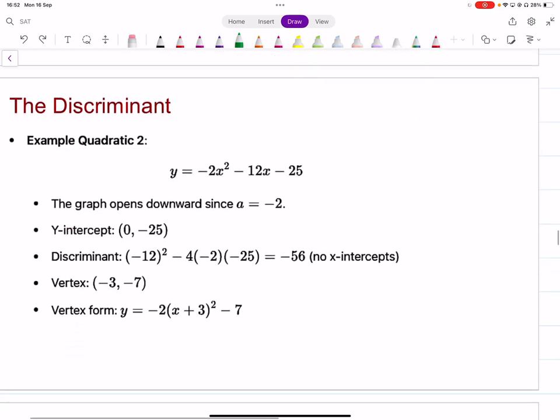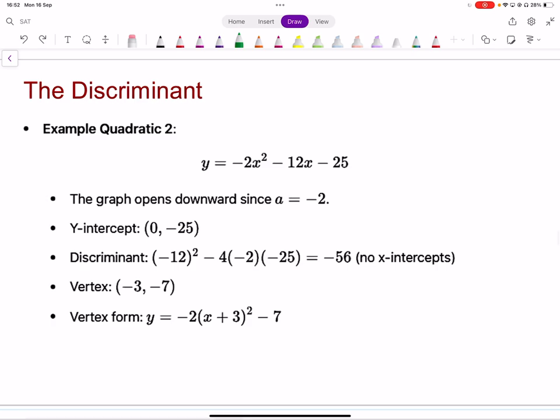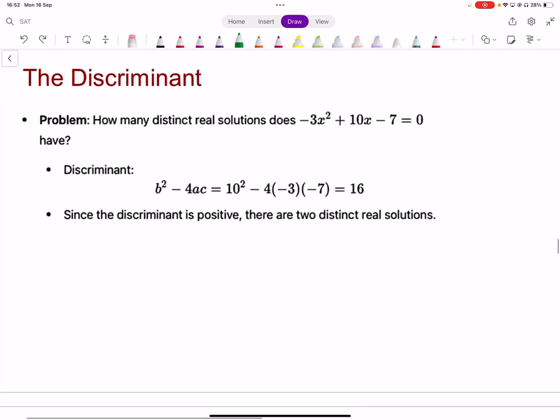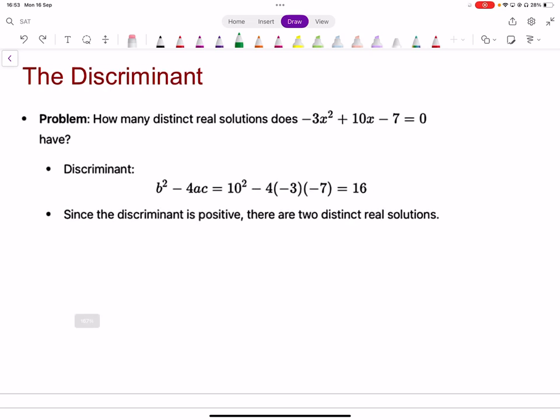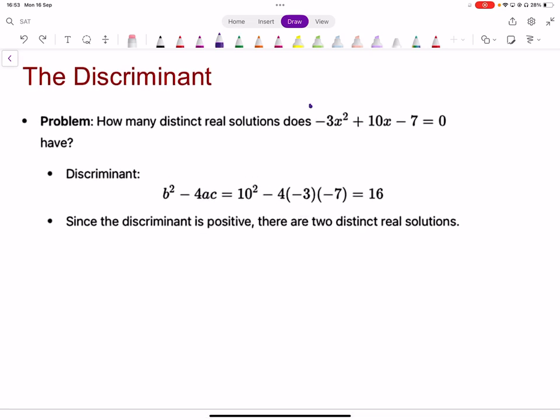Now, let's look at this. How many distinct real solutions does this function have? How do we think about this? We would say, let's find b square minus 4ac. B is 10. So 10 squared minus 4 into a, which is minus 3, into c, which is minus 7.